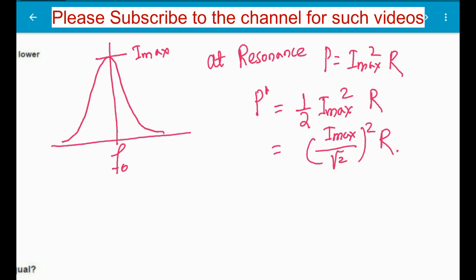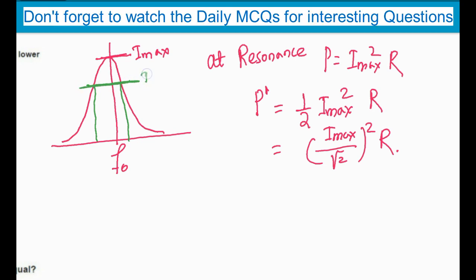So suppose this is the maximum current, this will be I max by root 2.